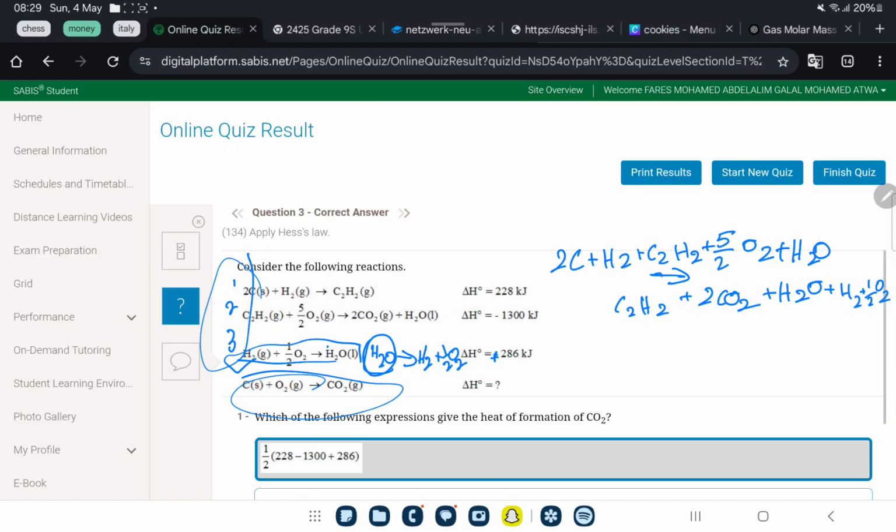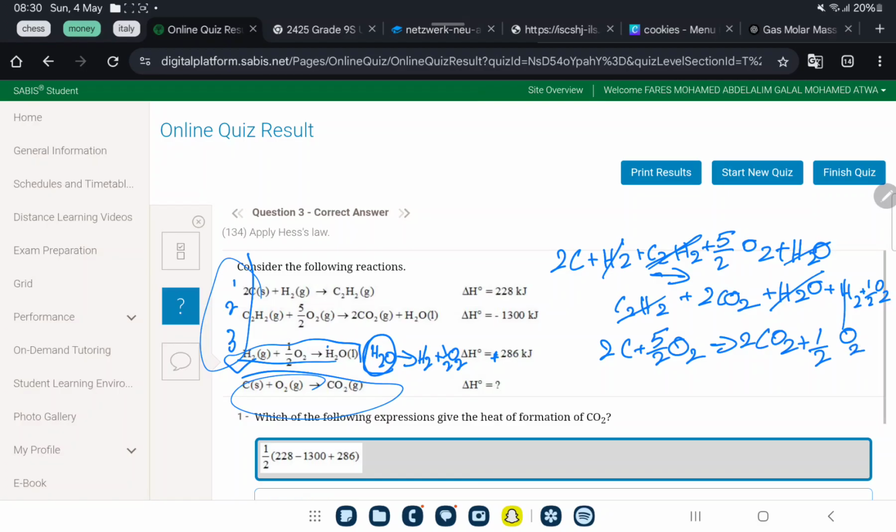Now let's see what is on both sides so we can cancel it: H2 and H2, H2O and H2O, C2H2 and C2H2. So now we have 2C plus 5/2 O2 gives 2CO2 plus half O2.